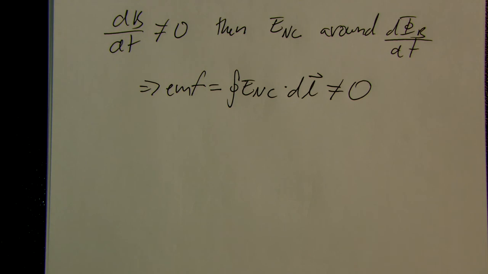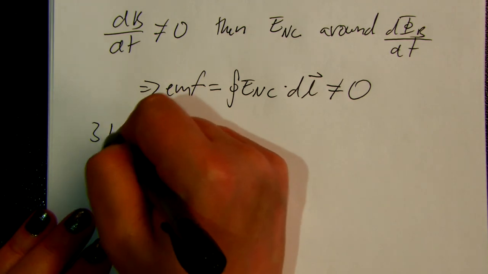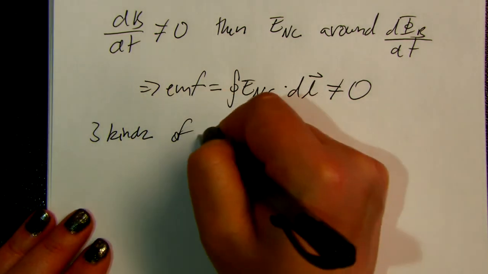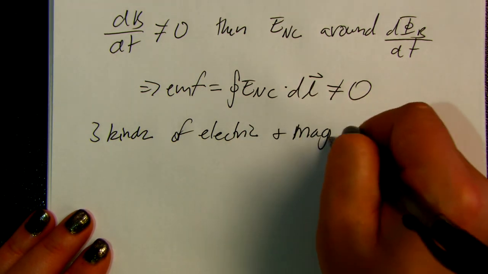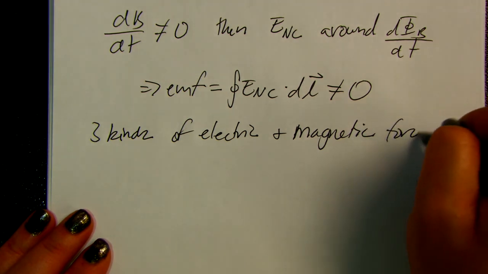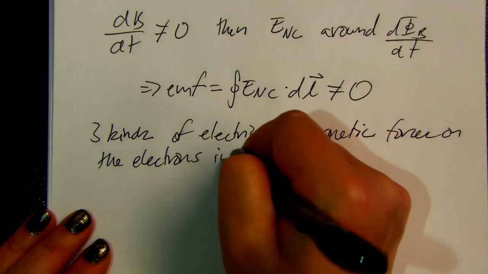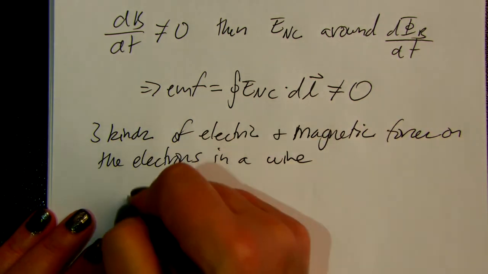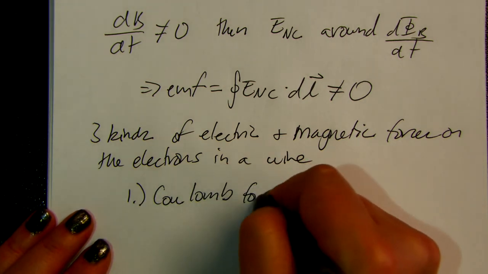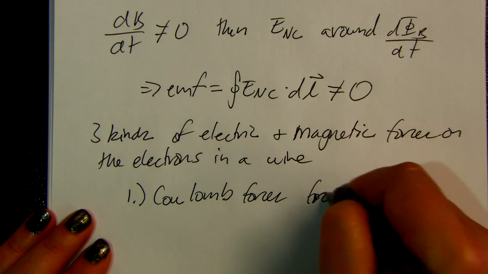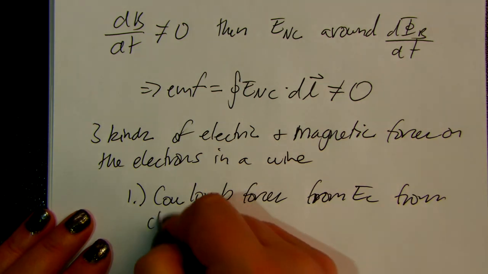Okay, so you can have three kinds of electric and magnetic forces on the electrons in a wire. One, you can have a Coulomb force from the Coulomb electric field from charges on the surface.